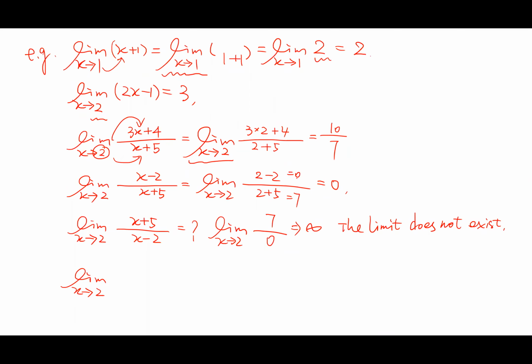You can divide 0 by 7. The numerator 0 divided by any constant is 0, right? And here the numerator is 7 but the denominator is 0. That means it does not exist. It is upside down, right?